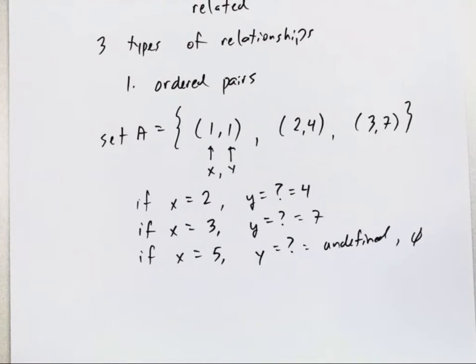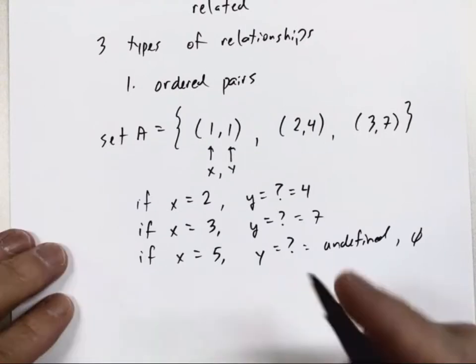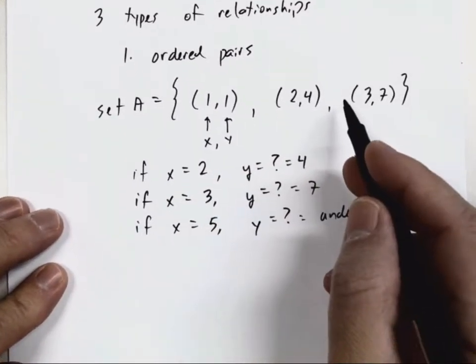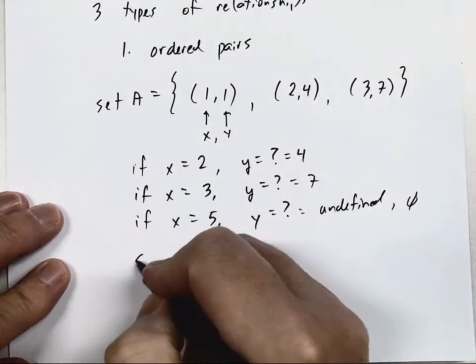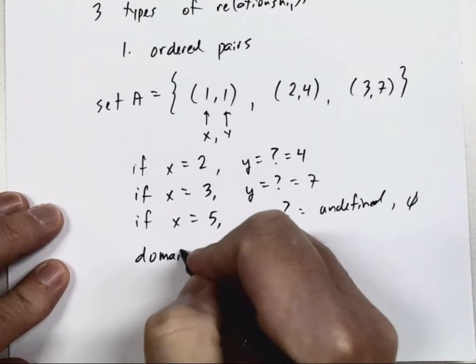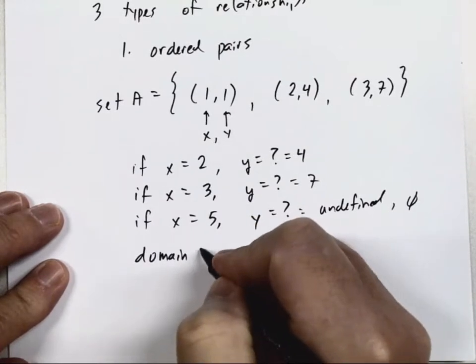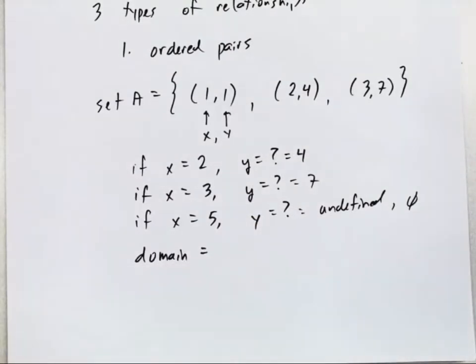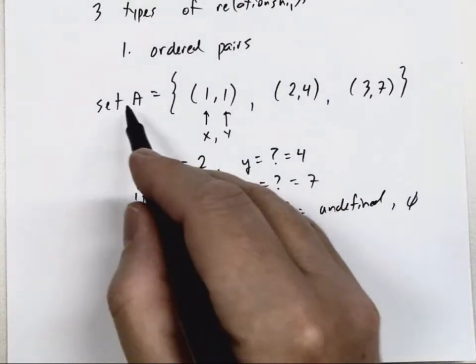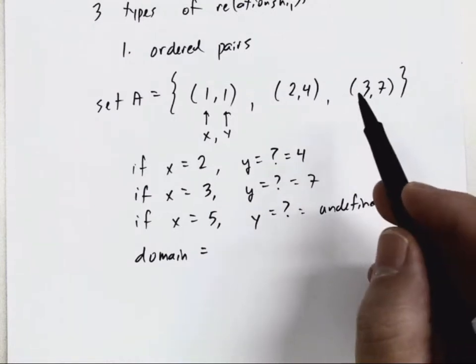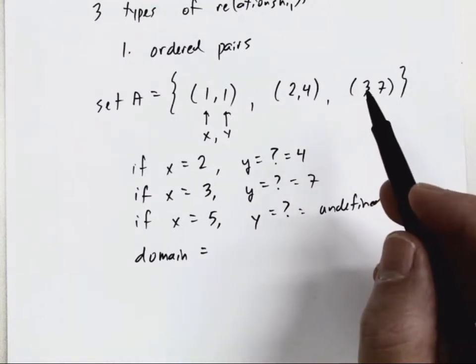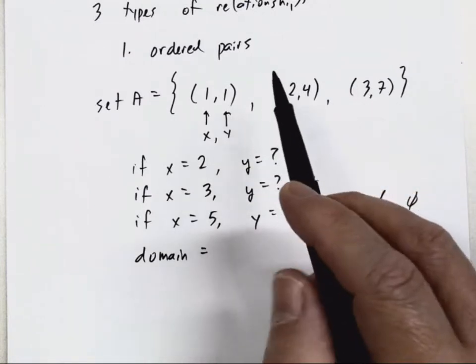As a matter of fact, let me go ahead and talk about a word you've maybe heard before. If I have a set of ordered pairs like this, they may ask me for the domain. The actual definition of domain is all the possible values of x. Well, the domain of set A, what are the possible values of x? There are actually only 3.